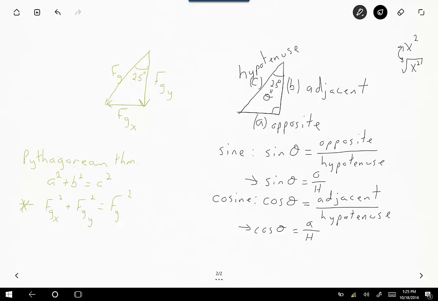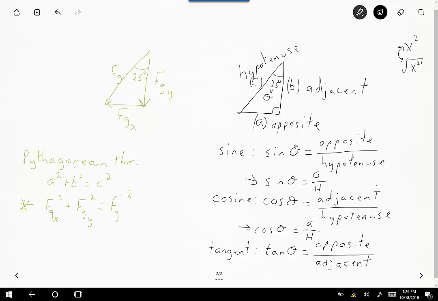For example, we may not know the gravitational force on this object, but we may know the x and y components. So then we have what's called tangent, represented tan theta, and that is opposite over adjacent, or tan theta equals O over A.